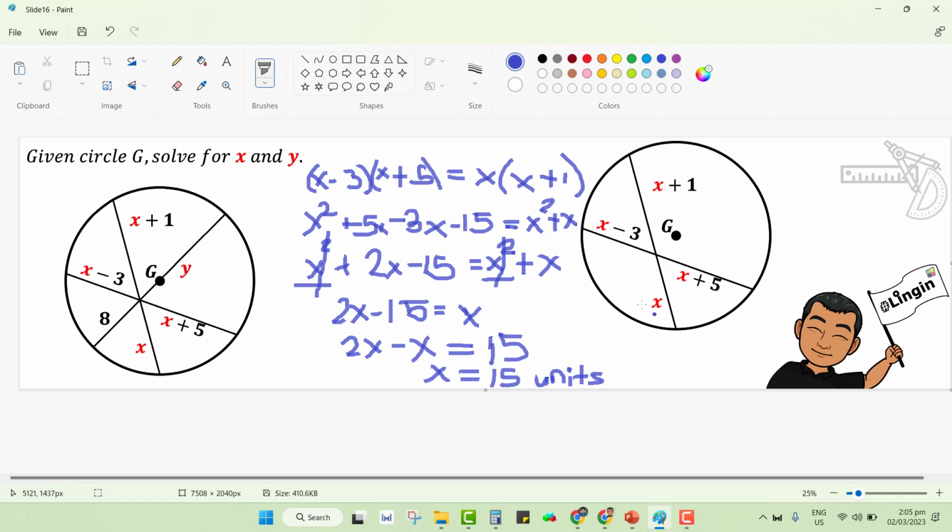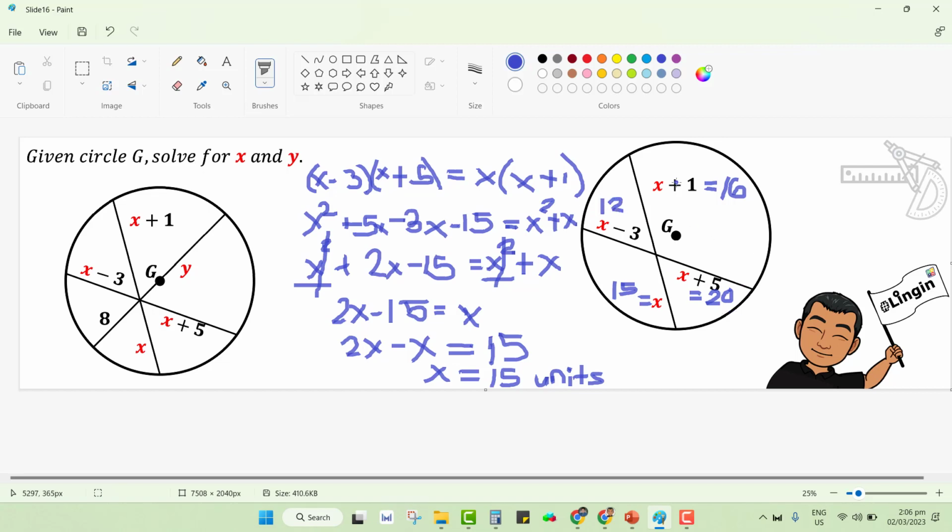This would mean this is 15. The other side, plus 1, you will get here 16. This plus 5, you have here 20, and you have 15 minus 3, you will have here 12.